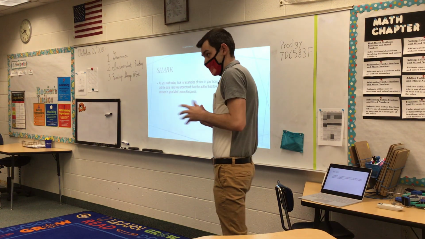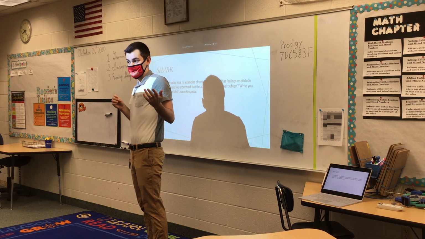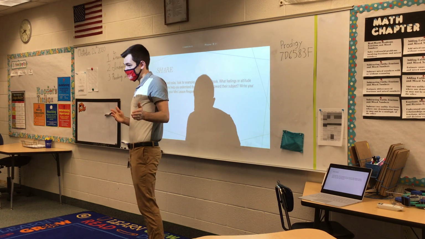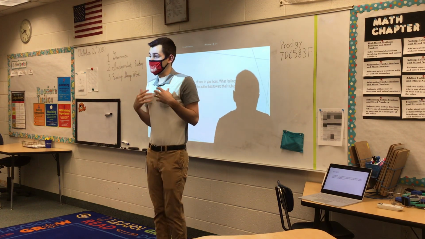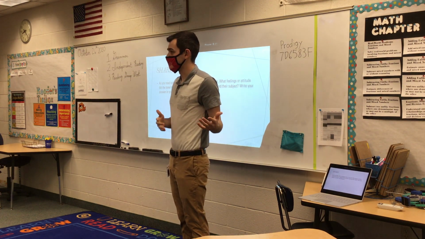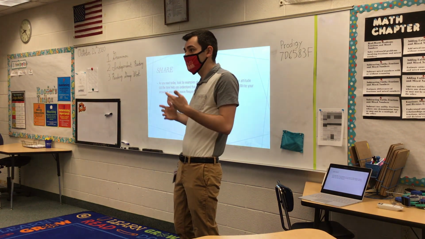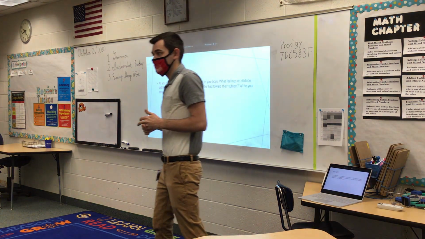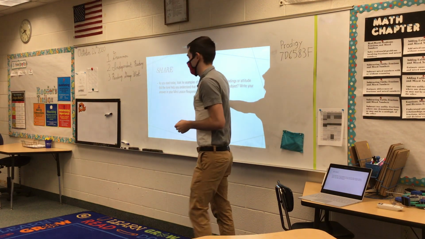Maybe the author has a positive view of bullies in a way that they think bullies can be redeemed, right? That they can go from bad people to good people. Maybe that's their tone, right? And that's their view. That's their feeling toward that particular group of people. So think about what the tone could be that the author is writing as they're going along, and then write that in your mini lesson response.